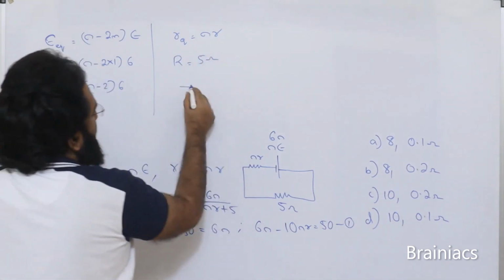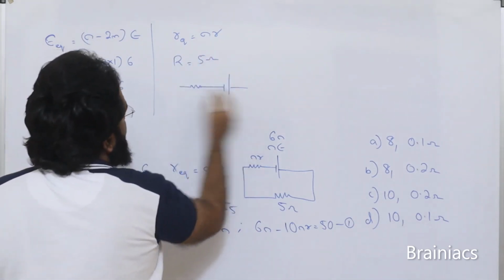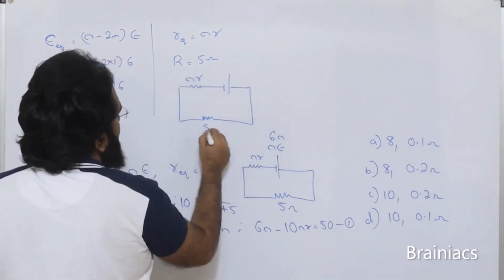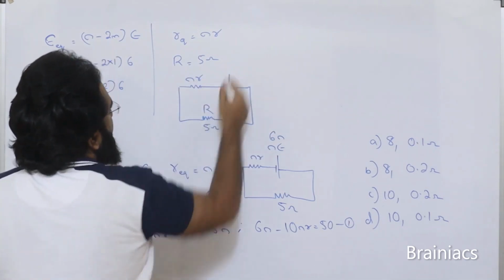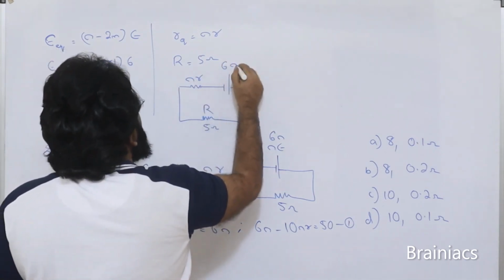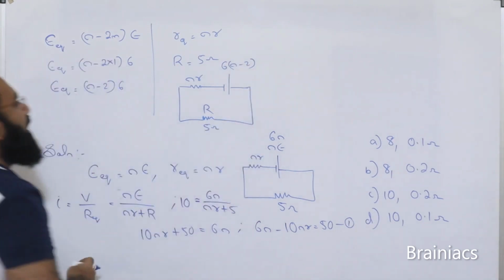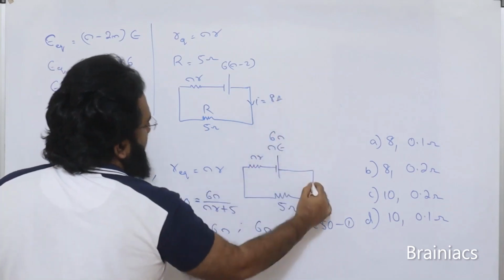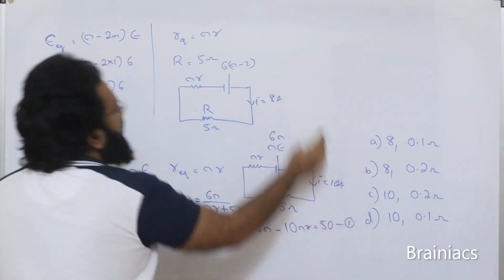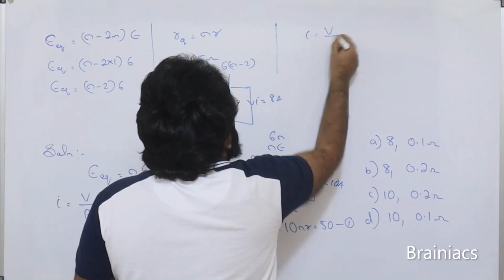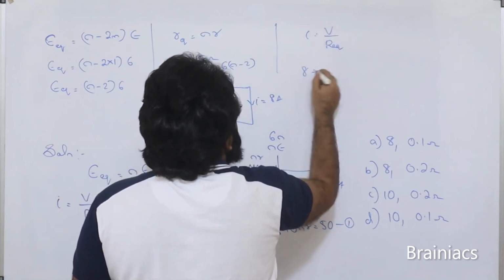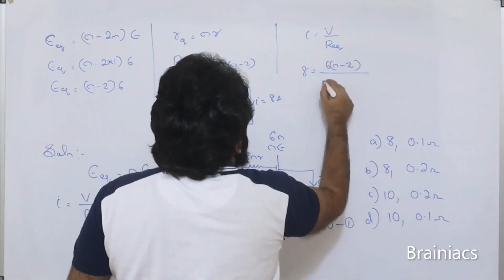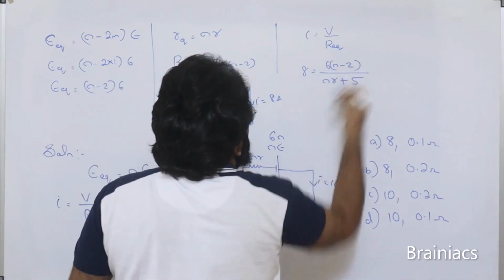Now here the new circuit is like this. Only change here is this is nr, this is 5 ohm which is R, and this is 6 into n minus 2, and the current which is passing is 8 ampere. Here the current passing was 10 ampere. So I is equal to V by R equivalent. So 8 is equal to 6 into n minus 2 divided by nr plus 5.